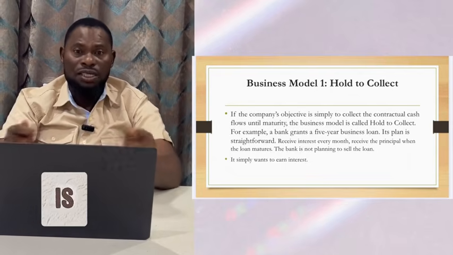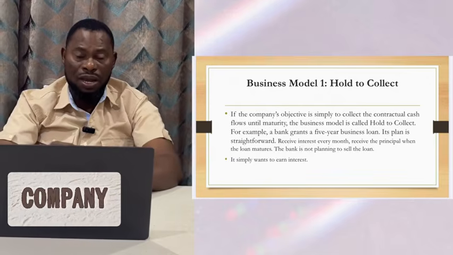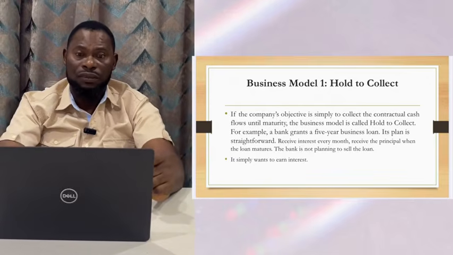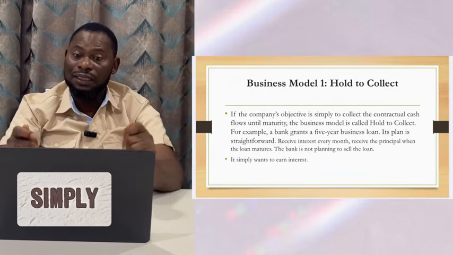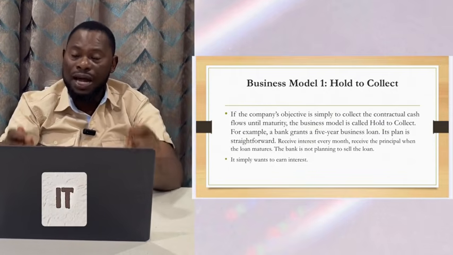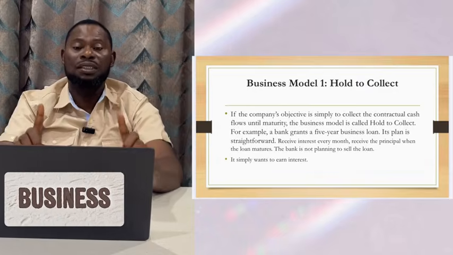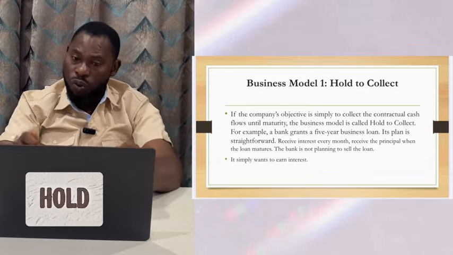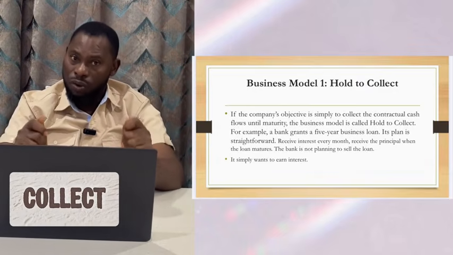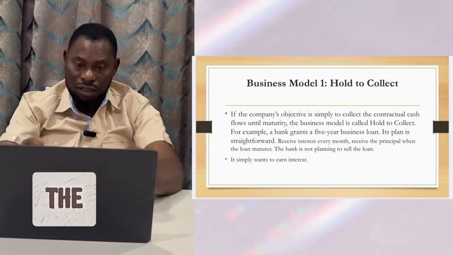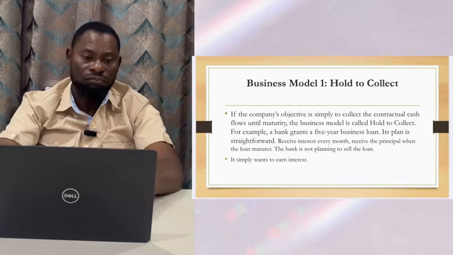So what is the reason why that company acquired the financial asset? It acquired that financial asset simply to hold it and to collect. That is business model 1. You hold to collect. Collect what? Collect interest and collect the principal upon maturity.